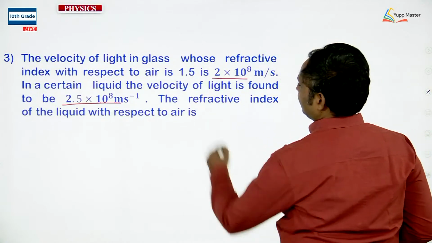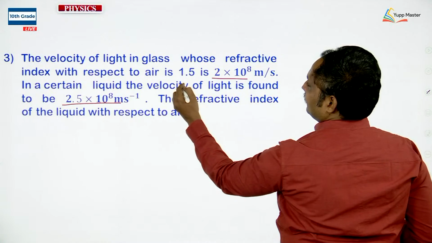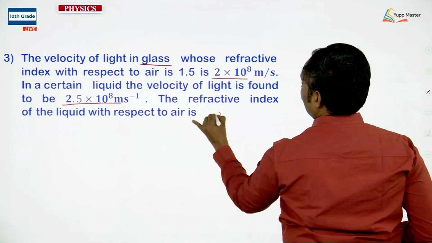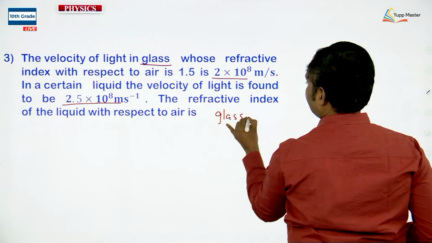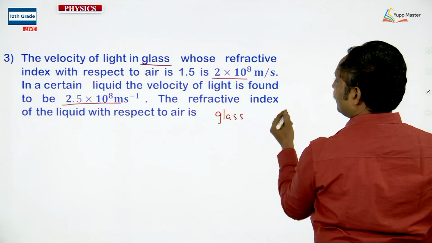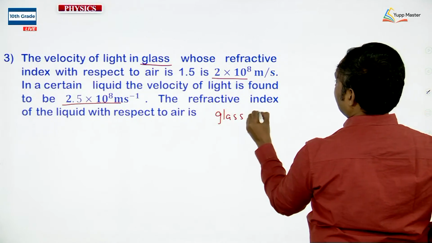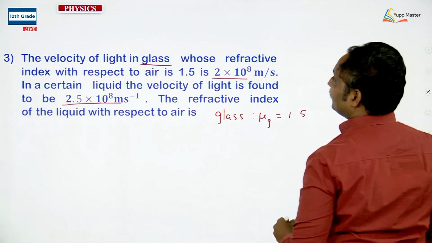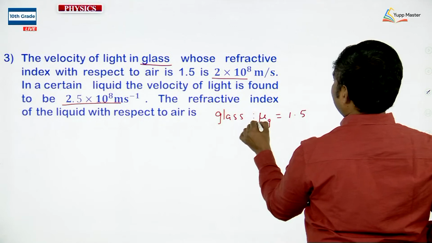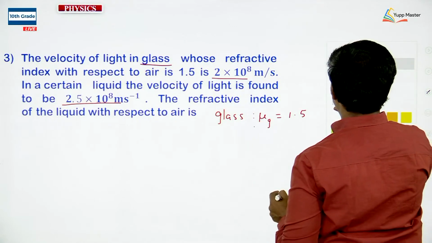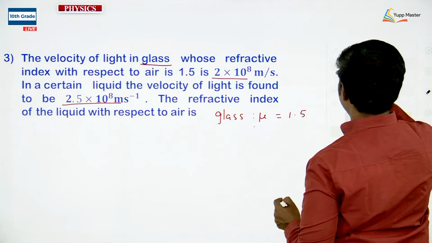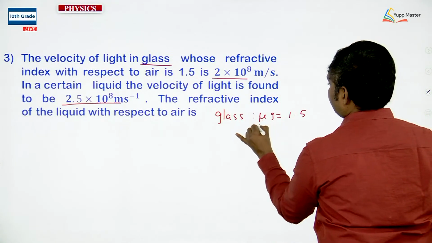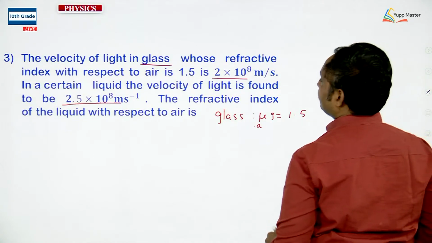We can take glass, it's one case. We will take that glass material. Light enters from glass to liquid. Mu g, the refractive index of glass with respect to air, is 1.5. That is very clear.